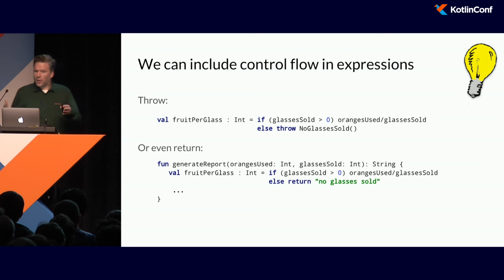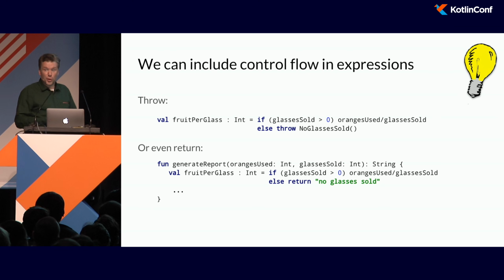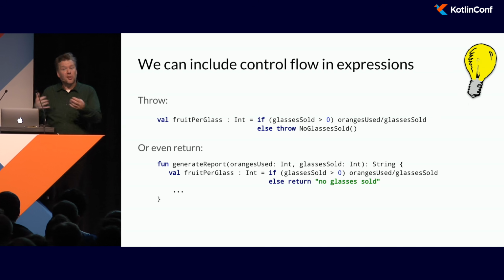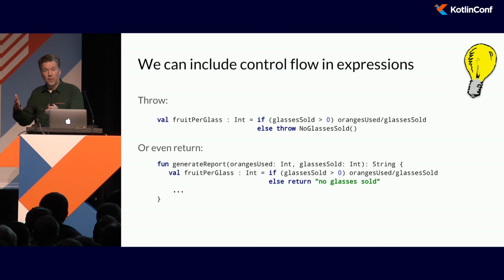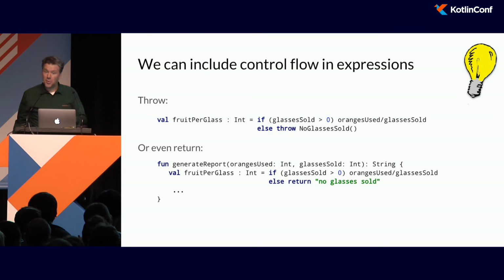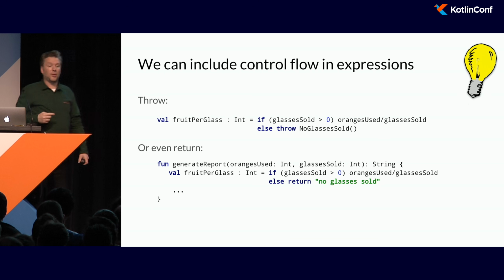For a Java programmer, what is quite surprising is that the return statement is not a statement like in Java, but is actually an expression as well. It's an expression of type Nothing because it interrupts the calculation of an expression and immediately returns a value out of the enclosing function.